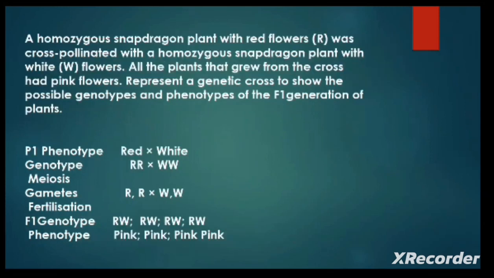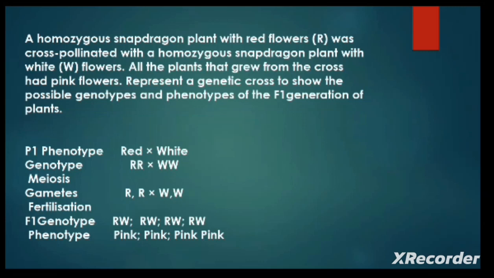A homozygous snapdragon plant with red flowers. So they just said homozygous, the same what? The same allele, dominant or recessive. It's dominant because the R there in brackets is a capital letter. So here we already know that the red flowers are dominant because of the capital letter.